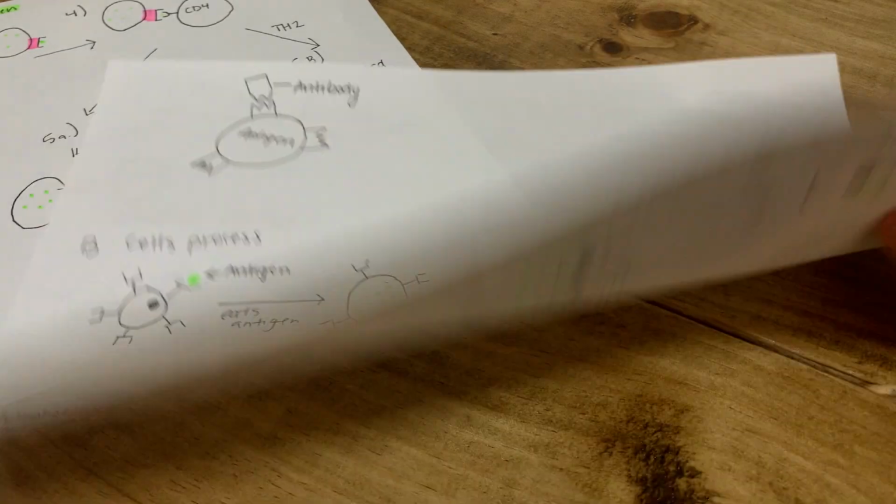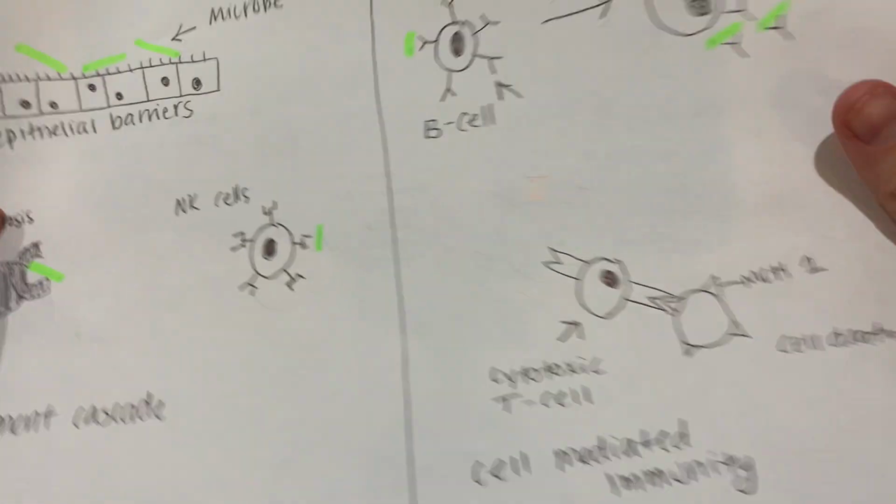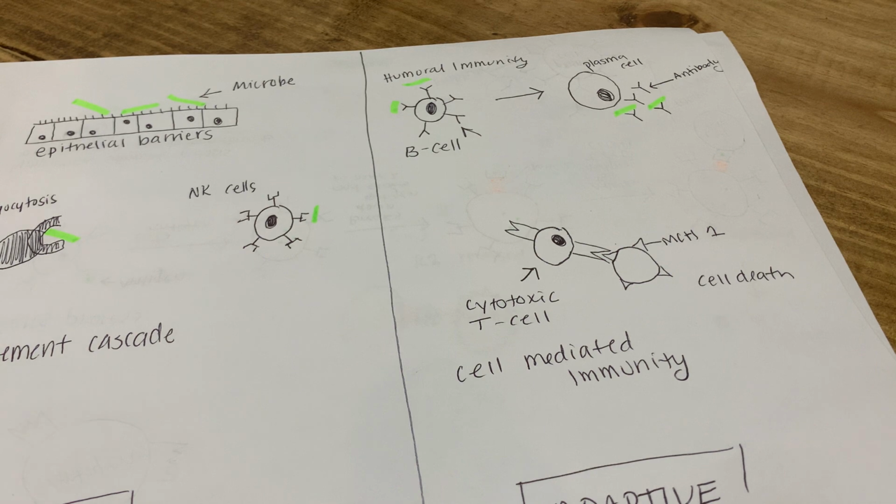So macrophages, B cells, and another one, dendritic cells. They are all able to eat an antigen and then present it via the MHC2 receptor.